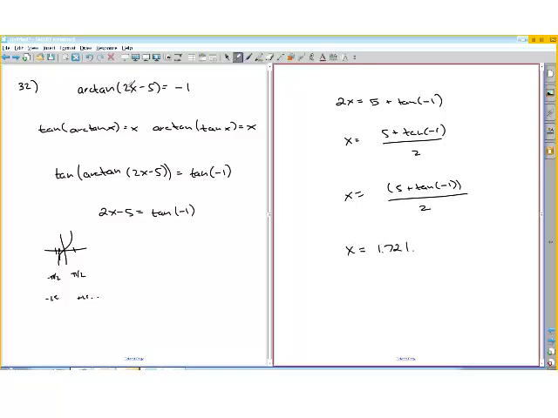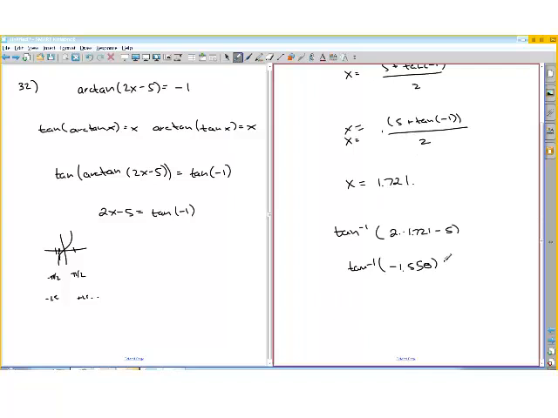But again, you can always check this out. So what we would do, in terms of our calculator, we would say inverse tangent of 2 times 1.721 minus 5. And so we get the inverse tangent of 2 times 1.721 minus 5, which is negative 1.558.